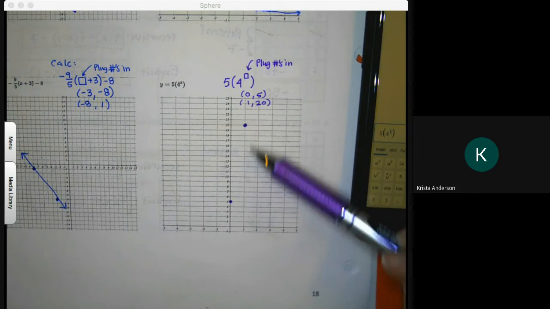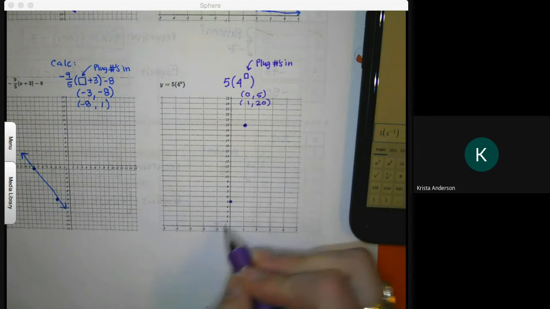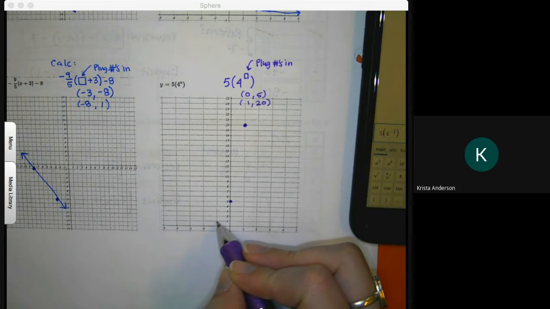If I need guidance curving, I can plug a -1 in. And that's a fraction. It would be -1. It would be 1, which would be around there.